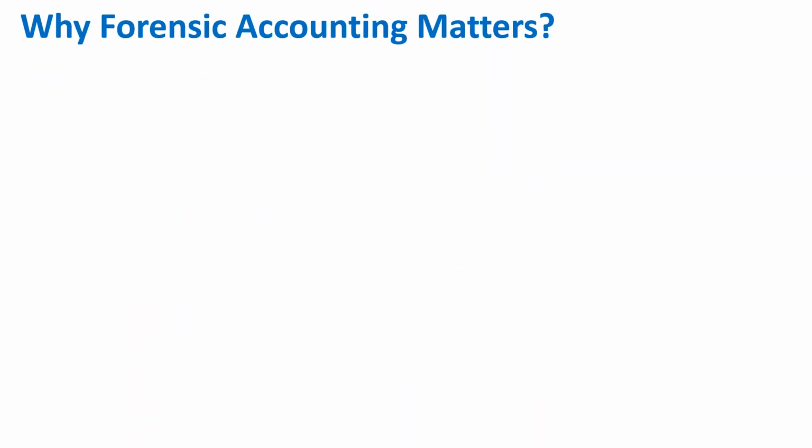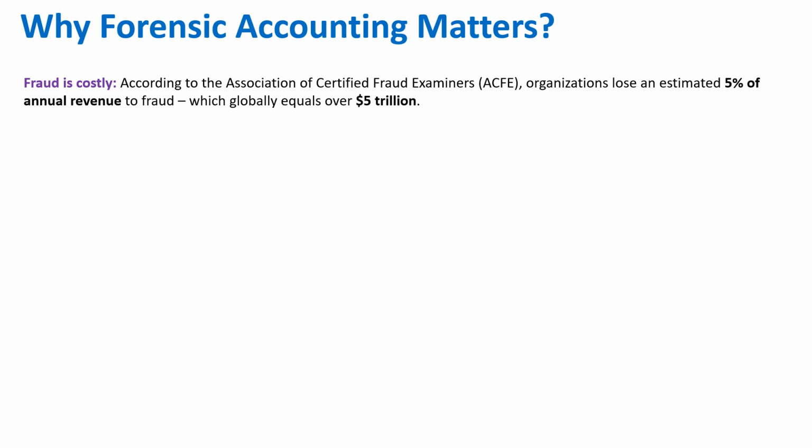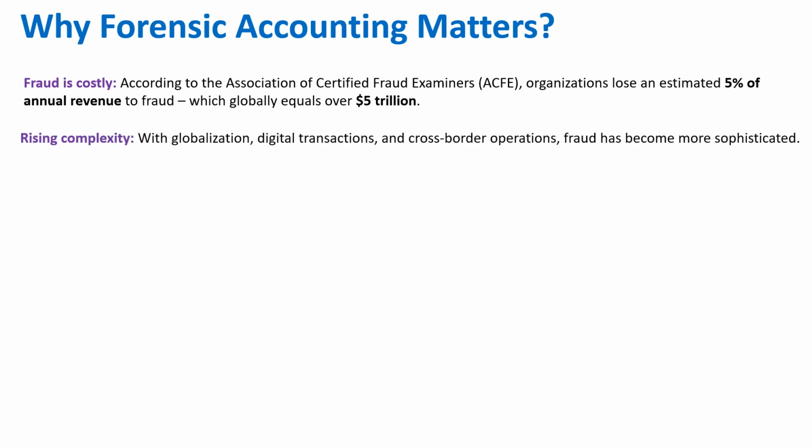The next question is why forensic accounting matters. Fraud is costly. According to the Association of Certified Fraud Examiners, organizations lose an estimated 5% of annual revenue to fraud, which globally equals over $5 trillion. Very big number, right? Rising complexity: with globalization, digital transitions, and cross-border operations, fraud has become more sophisticated.